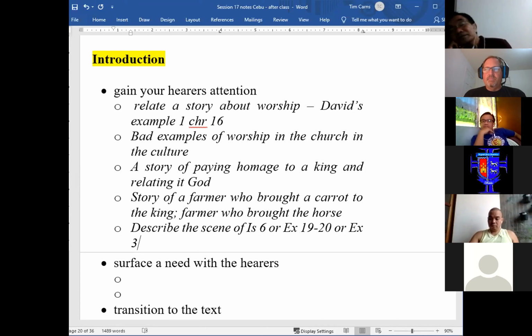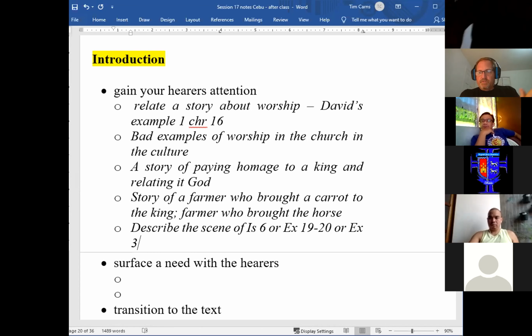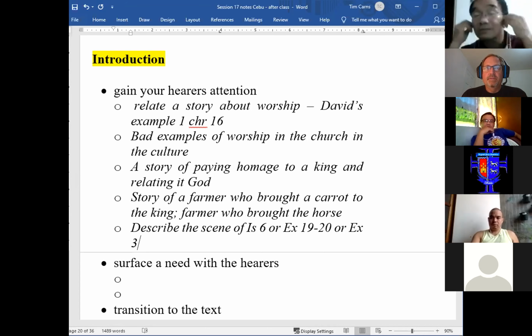But at the same time, you can describe the scene as you're standing around the mountain shaking. Smoke comes from the mountain, and you hear from Moses, "Do not touch this mountain or you will die." And you realize in that moment, you are standing before the most powerful being in all the universe, God himself. Something like that, right? Where you could just describe the scene from a biblical account.